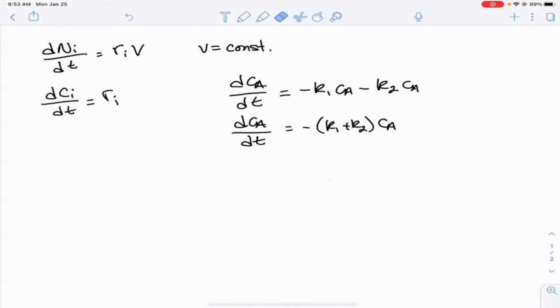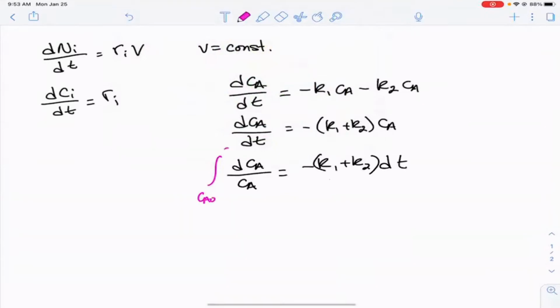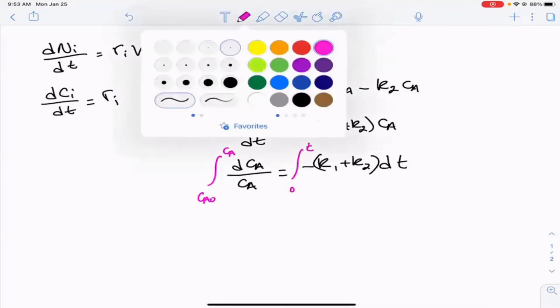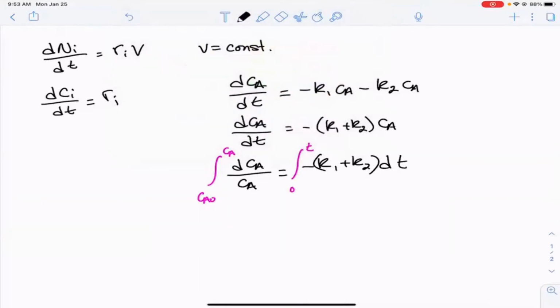And so if we want to do this, let's divide both sides of this equation by CA and multiply both sides by dt, and we end up getting dCA over CA equals minus (K1 plus K2) times dt. And of course, we can integrate both sides, from the initial concentration to the final concentration, and that is from time equal to 0 to some time in the future.